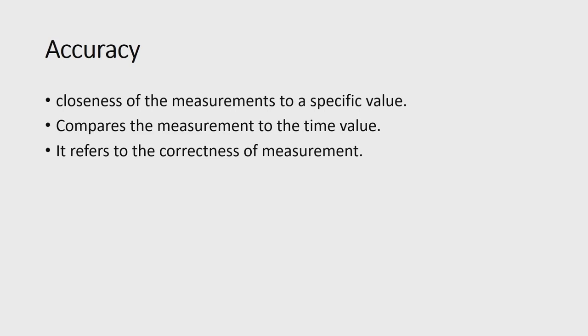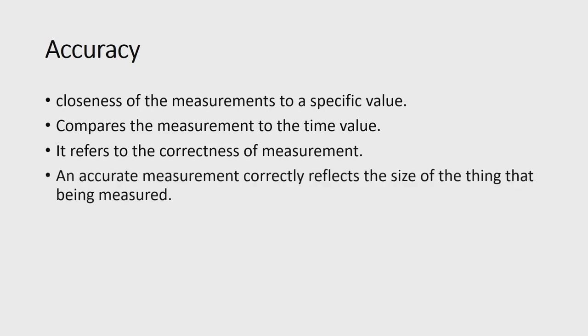An accurate measurement correctly reflects the size of the thing being measured. In other words, class, when we talk about accuracy, we are referring to the closeness of the data gathered to the actual or accepted value in the experimental procedures.